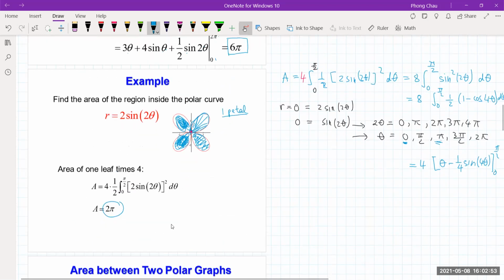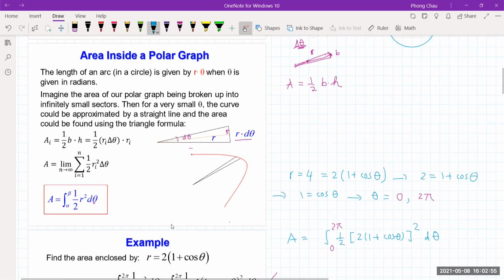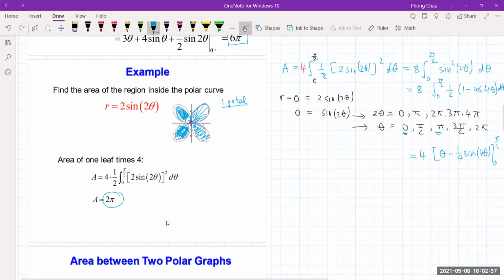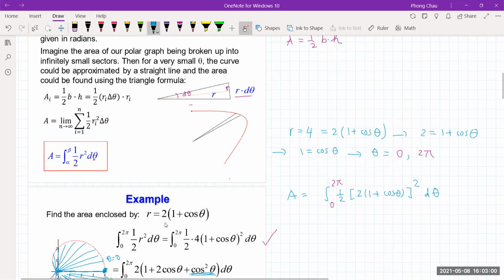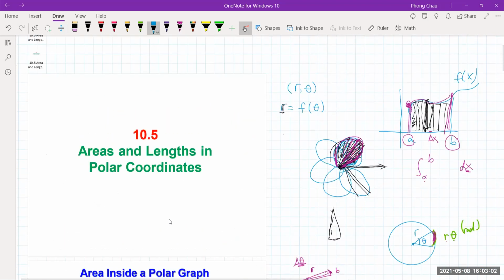Now, the next topic is the area between two polar graphs. Recall, if you have the area between two graphs, right? We talk about that right here.